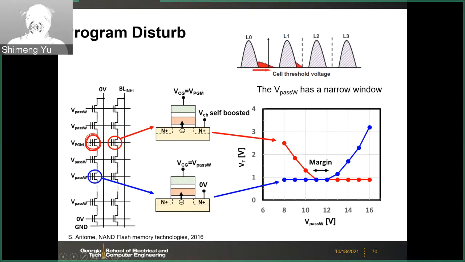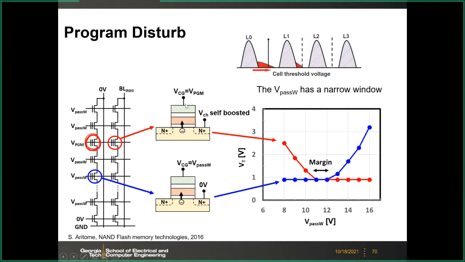For the same page, the other cell, which is under the unselected bit line, will go through this self-inhibition as we discussed before. So we need to boost the channel potential to prevent this cell from being programmed.